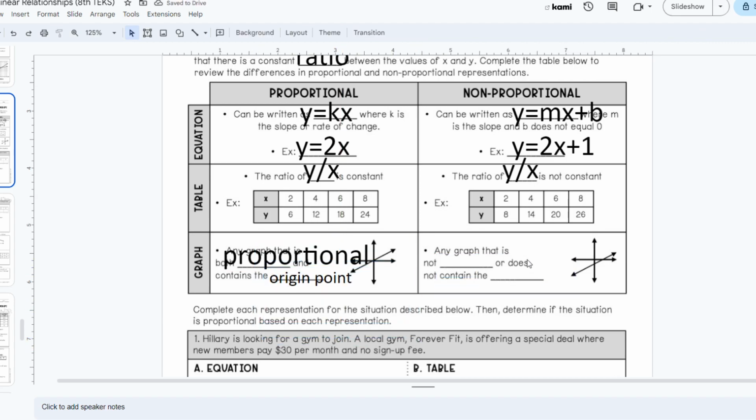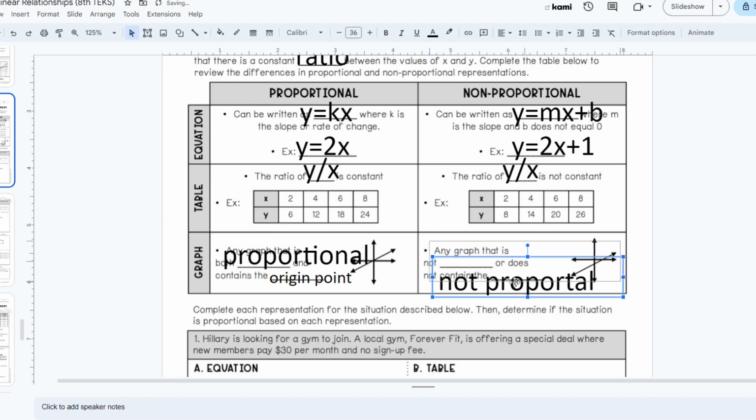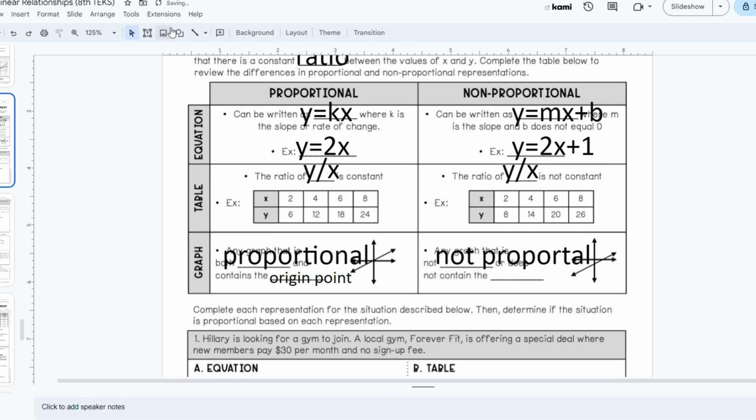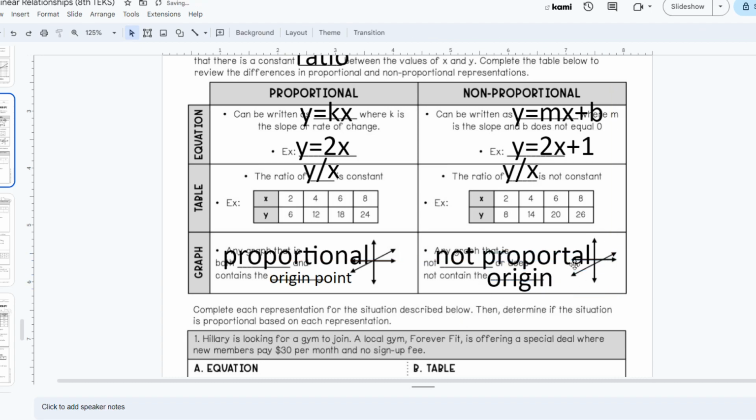Any graph that is not proportional or does not contain the origin. So if you look at these graphs, they do not contain the origin point, while these ones do.